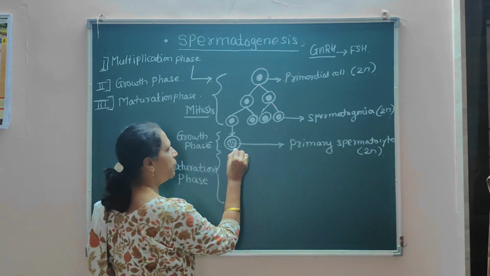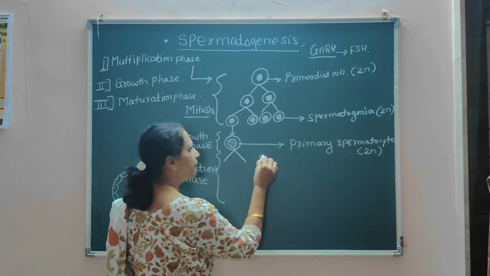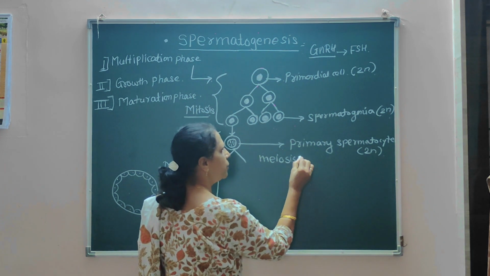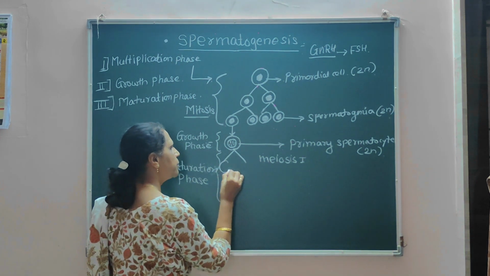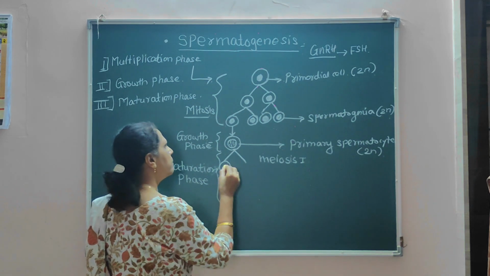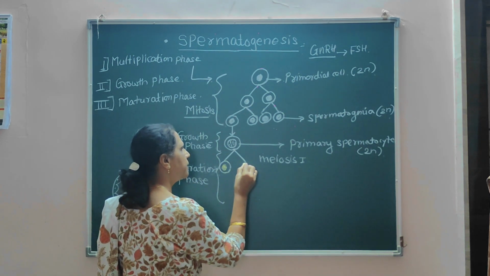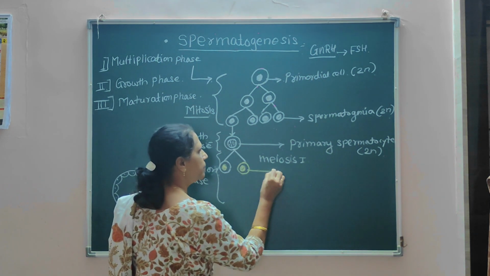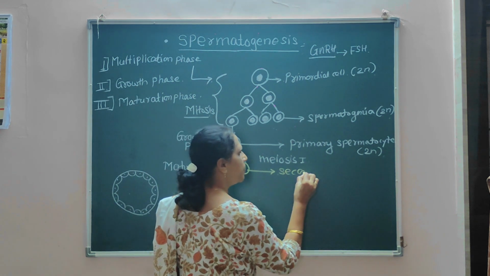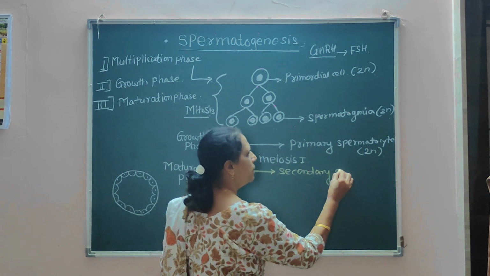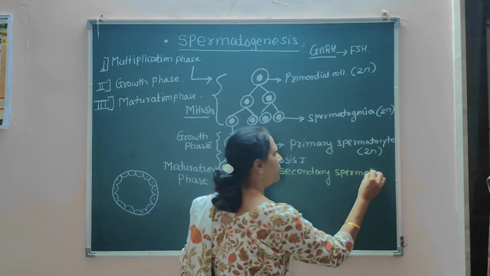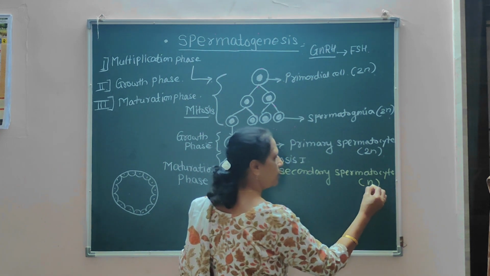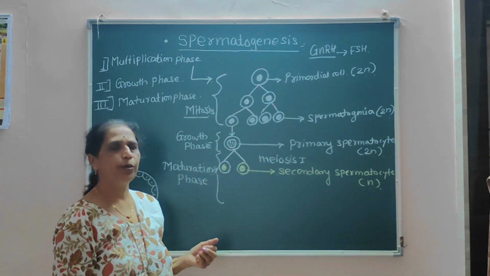So this primary spermatocyte divides by the first meiotic division, that is meiosis first, and it forms two cells, which are called secondary spermatocytes. These secondary spermatocytes are haploid in nature, that is n, with 23 chromosomes.